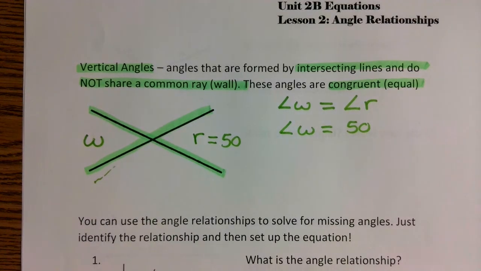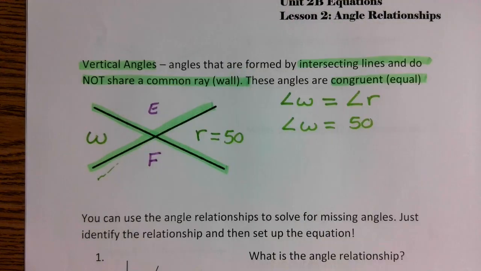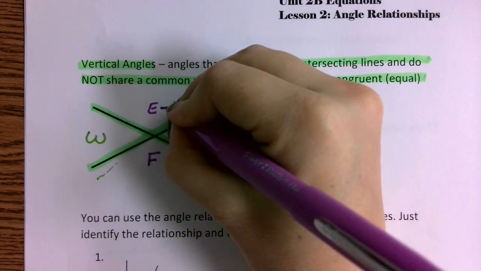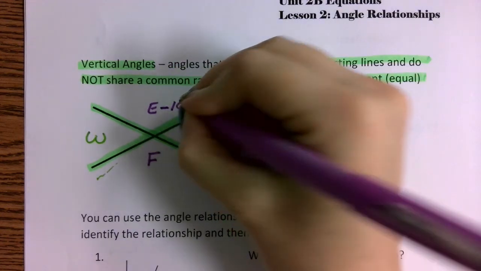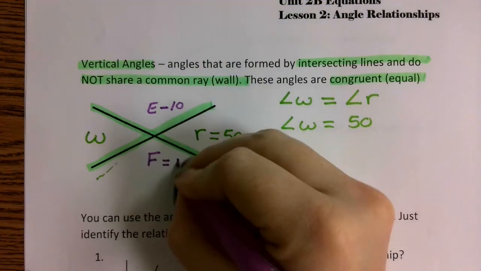Now I could say the same thing for up here. Let's say that this was angle E and this is angle F. And maybe angle E, we'll say it's E minus 10. This angle is E minus 10. And this is angle F. And I know that F is equal to 130.